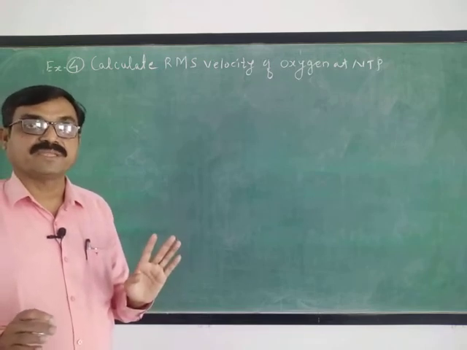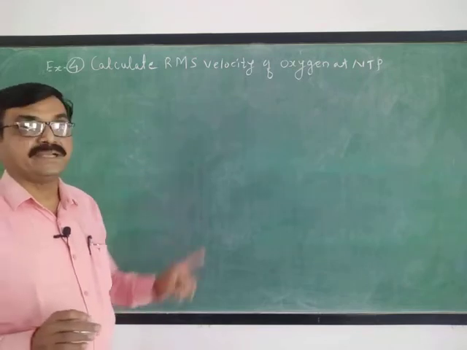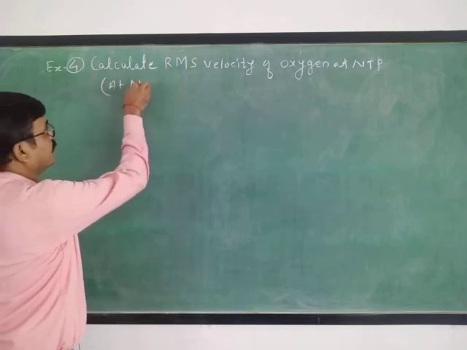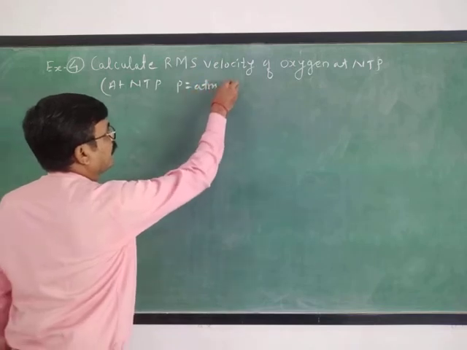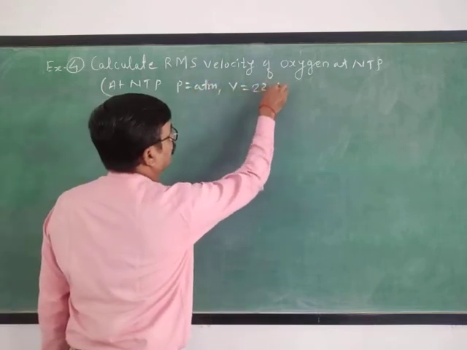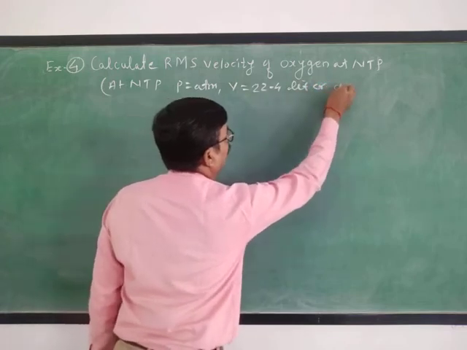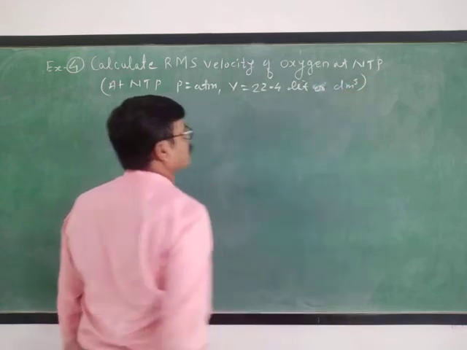One and the same thing, 1 dm cube equals 1 liter. Okay, you must know this.